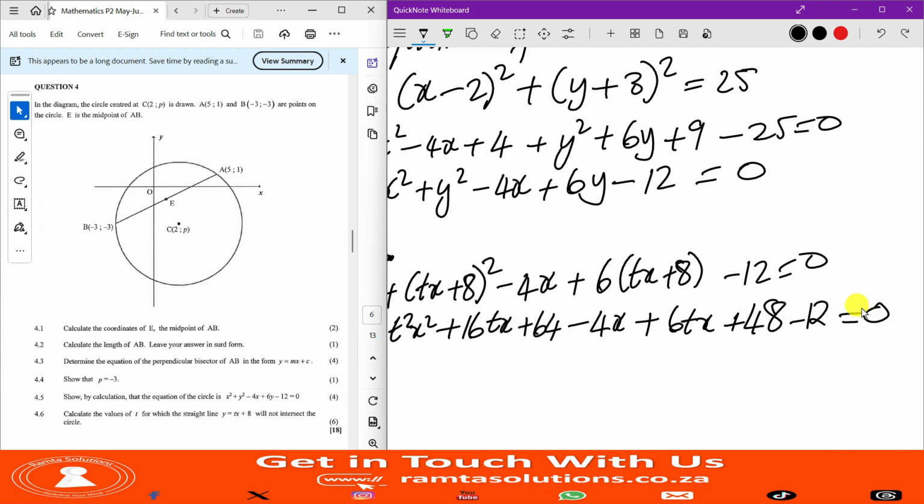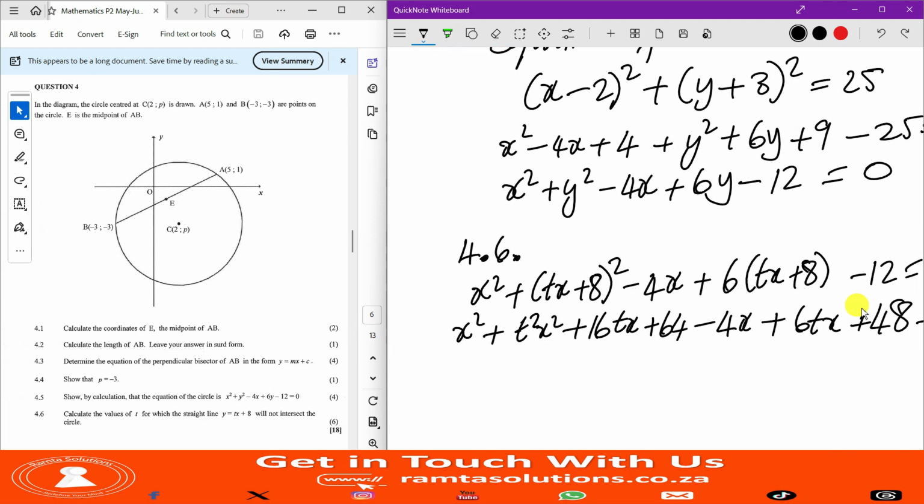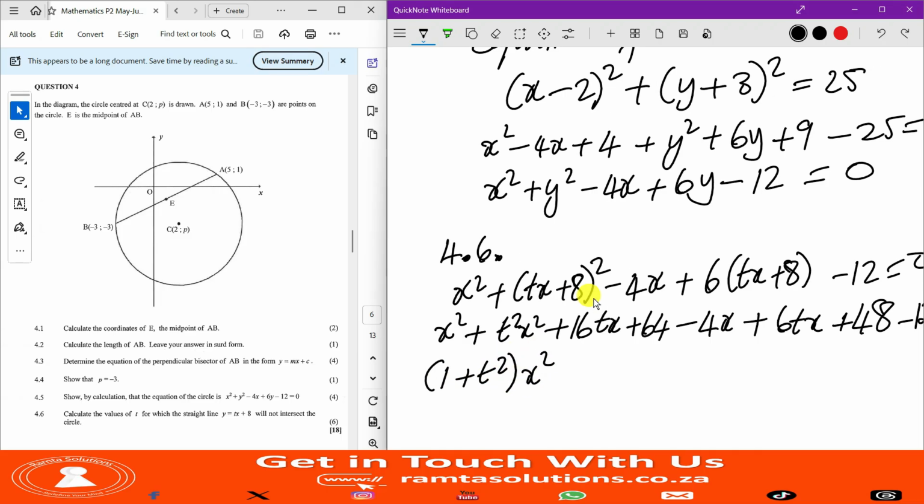Let's collect like terms. I see a common factor here, which is x squared. So I leave it as (1 plus t squared) multiplied by x squared.